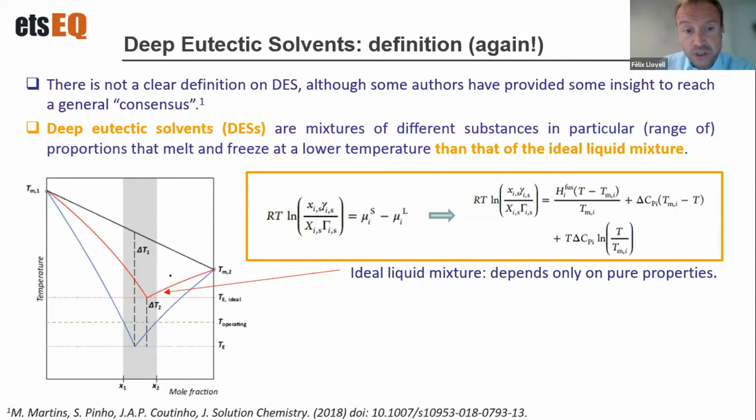The difference between a normal ideal liquid mixture and a deep eutectic solvent is that there is an important deviation which still decreases significantly the melting point. This is because we have an activity coefficient in the liquid phase that produces this depression due to these strong interactions between the two components.